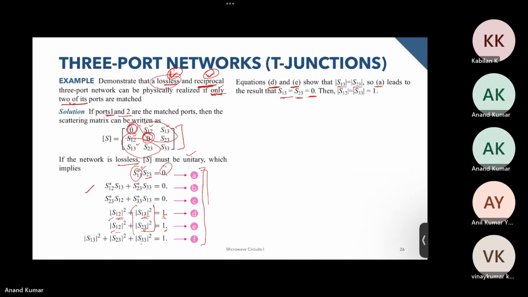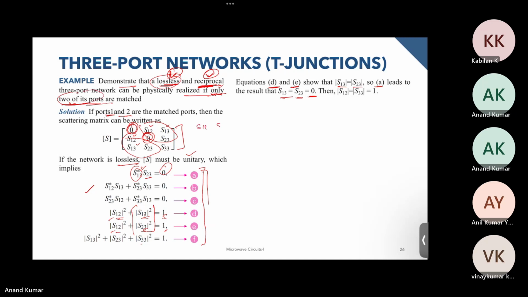Okay, so I'll discuss this question again. We had to demonstrate that a lossless and reciprocal three-port network can be physically realized if only two of its ports are matched. We have been told that the network is lossless, it is reciprocal, and two ports are matched. So we have written the S matrix.